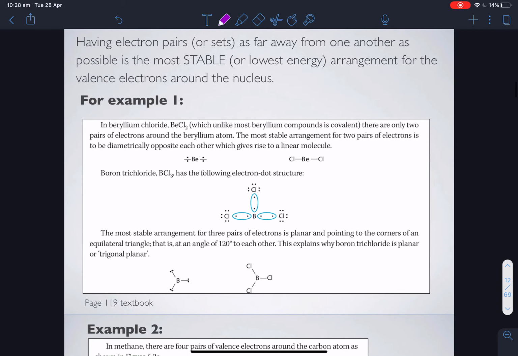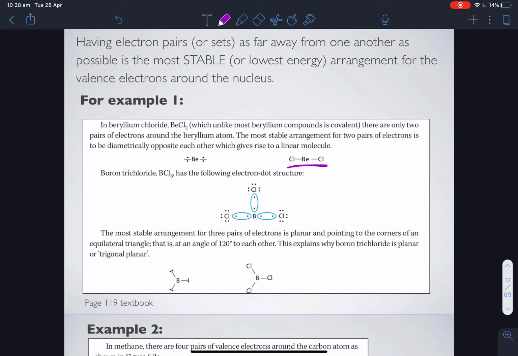So let's look at some examples here, and these ones are all from the textbook. So beryllium chloride, there are only 2 pairs of electrons around. The most stable arrangement for 2 pairs of electrons is to be diametrically opposed to get a linear molecule, okay?